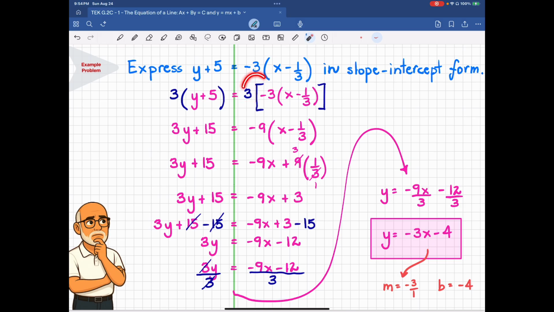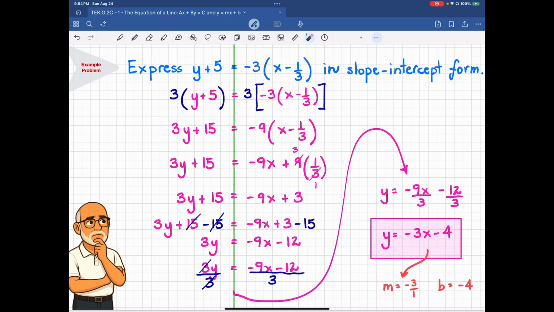So a 3 times a negative 3 gives me a negative 9. So I'm moving through these steps little by little, step by step, almost baby steps, trying to make sure that I check my multiplication, check my signs, make sure everything is correct.